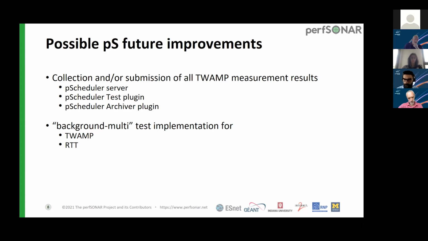I'm not sure how easy or complicated it is, but to have background multi-tests for TWAMP, something similar to OWAMP, and to have background multi-tests for the round trip time, for the ping tests, because that would allow me to run these ping tests even every minute, and it would allow for a better understanding of the latency and loss.